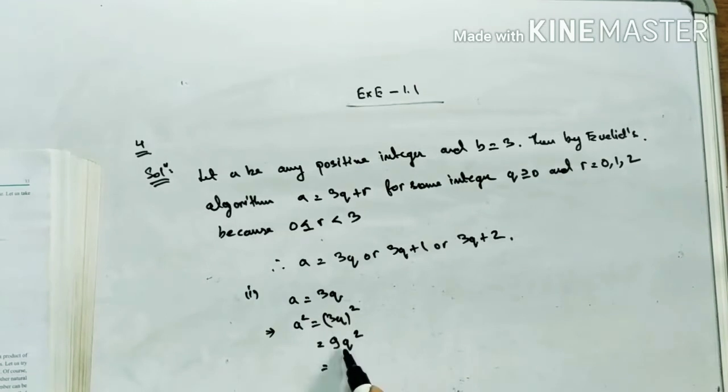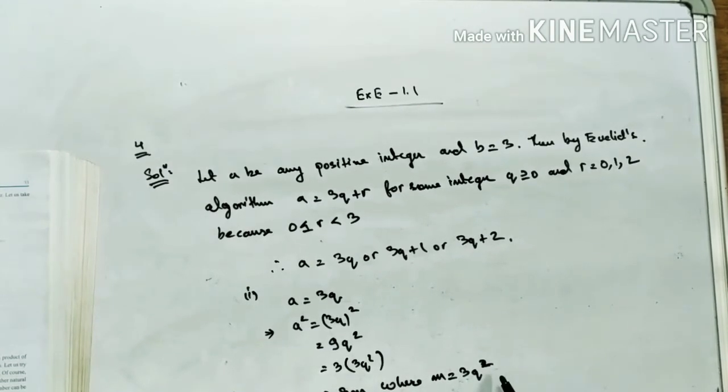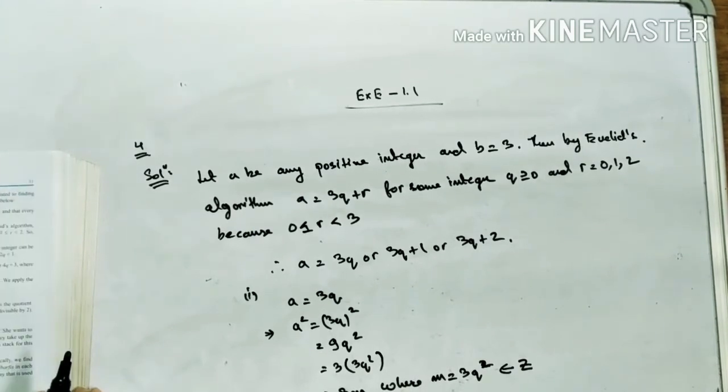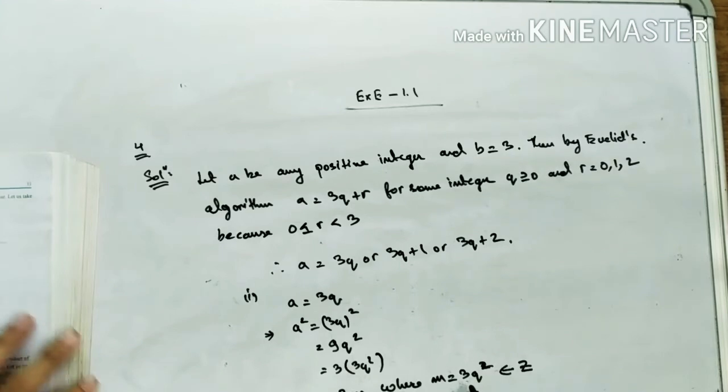Now 9q square I can write as 3 times 3q square, which is 3m, where m is equal to 3q square and belongs to Z.